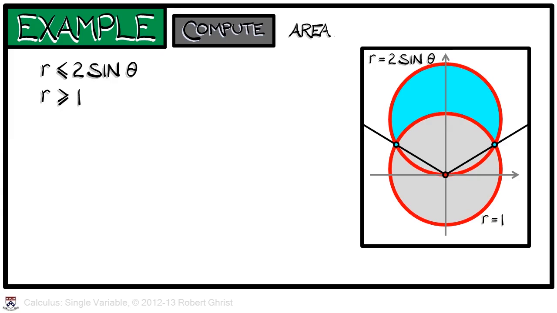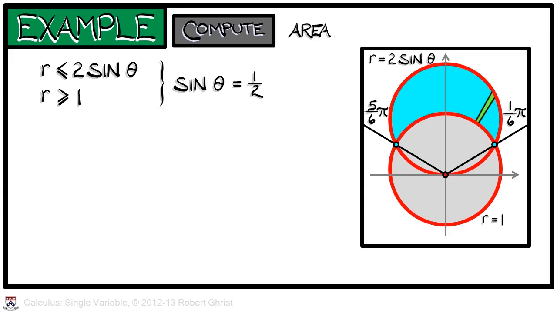These curves intersect at 2 points. What are they? Well, by setting the r values equal and solving for theta, we see that these points are at theta equals pi over 6 and 5 pi over 6.